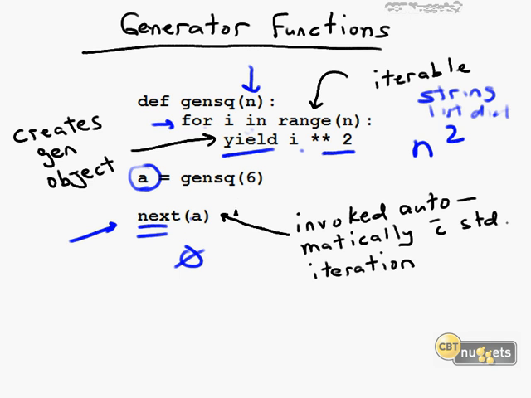And then if you wanted the next member, you would just do another next A all the way until you reach an iteration error. Eventually, once you reach the top of your range, you're going to get a traceback. And in order to handle this in your code so that the program doesn't abort, you would simply run try and except and catch that error that you get when you finish.